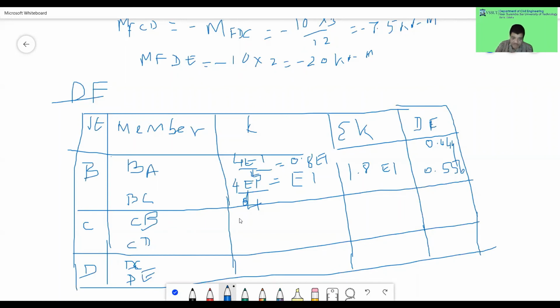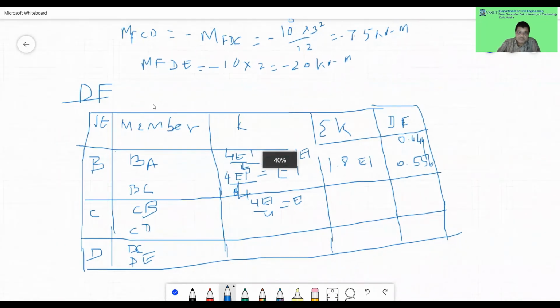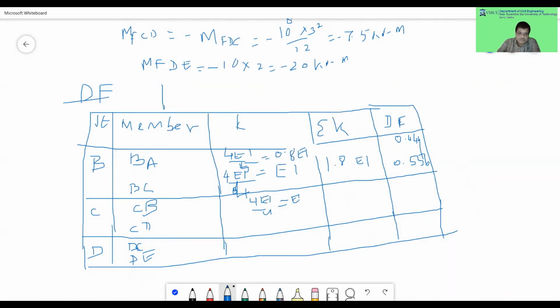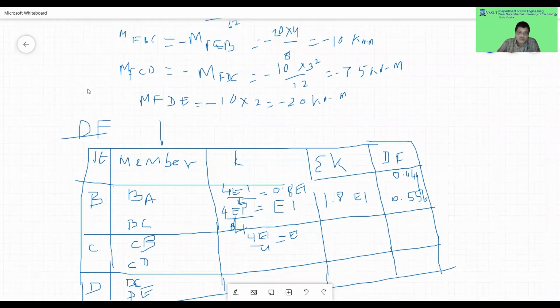For CB, we can put the value of 4 EI by L. BC and CB are the same, so it becomes 4 EI by L, that is equal to EI. But CD will be 3 EI by L. What is the value of CD there? Let us check the problem.